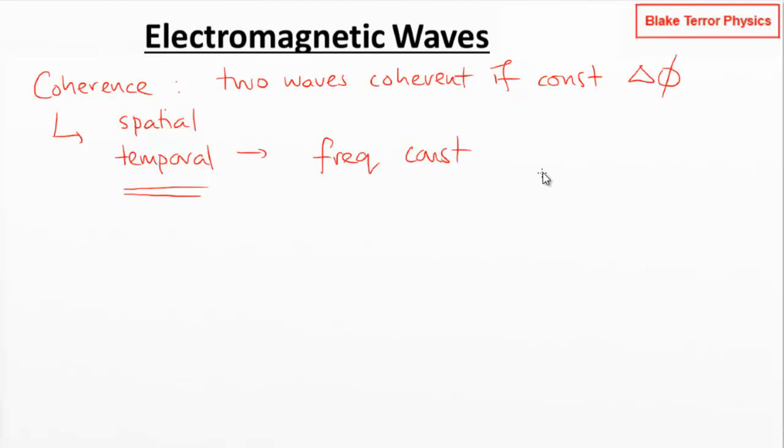But if you had a source which wasn't just of a single frequency, it had a little bit of variation in it, you've got some wave that's coming out with that frequency, and another one which is just that little bit longer, and they're getting out of step through time. So this is time that we've got on this axis here. They're gradually getting out of phase. So the phase difference is changing with time.